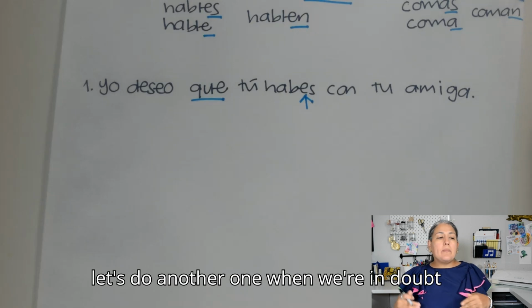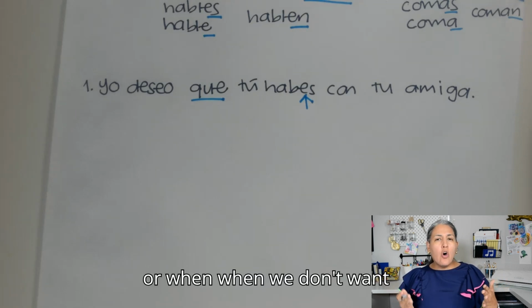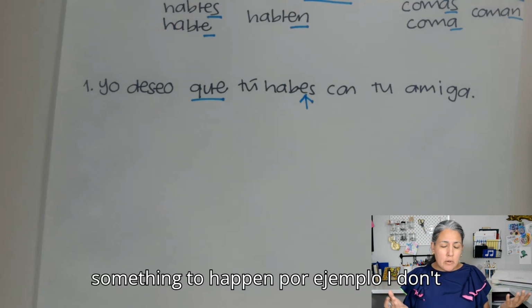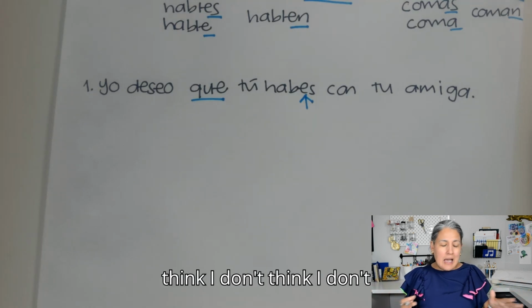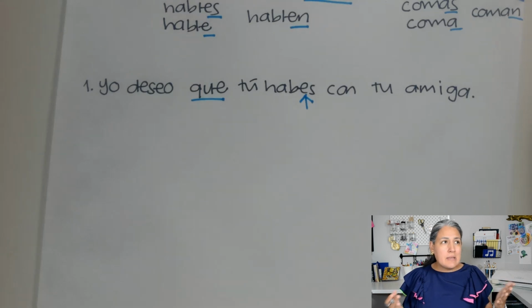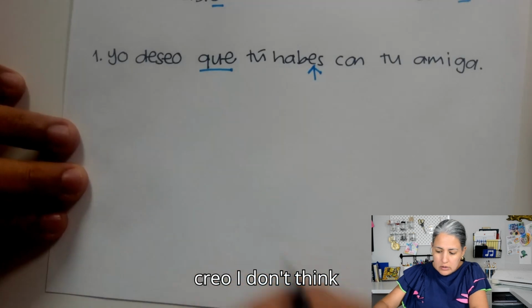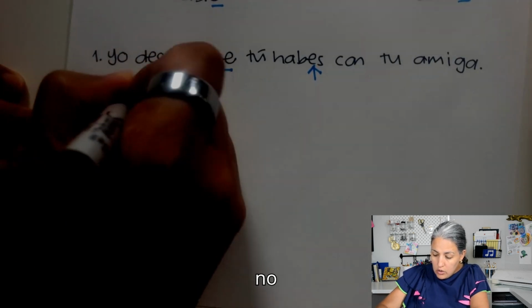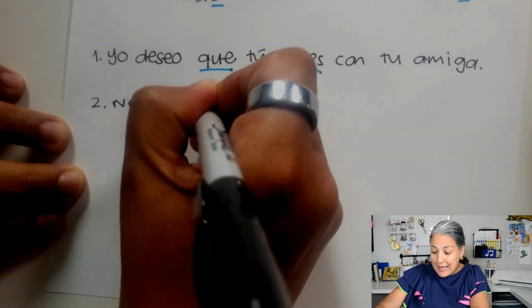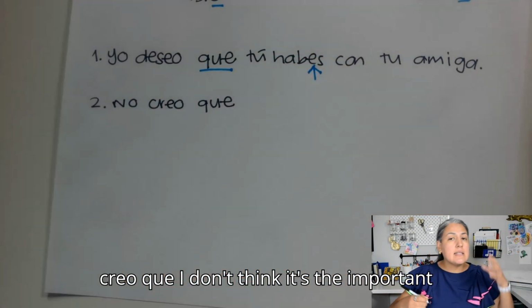Let's do another one. When we're in doubt, or when we don't want something to happen. Por ejemplo, I don't think he will have time. No creo que, I don't think, it's the important phrase.